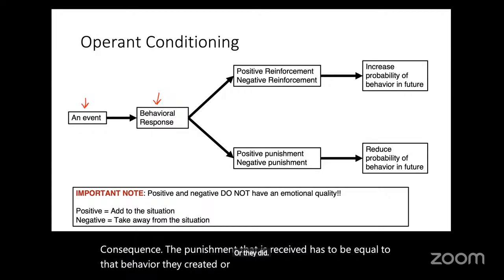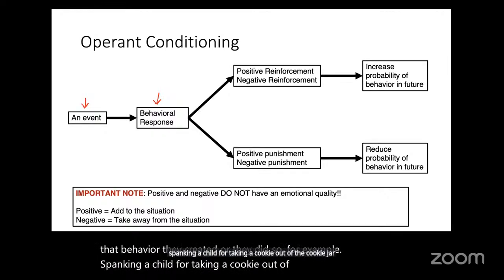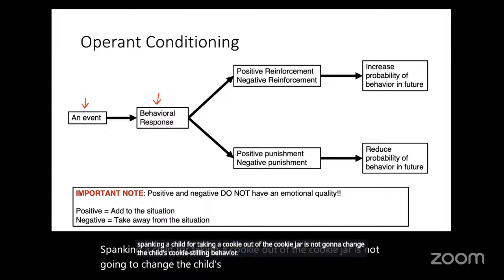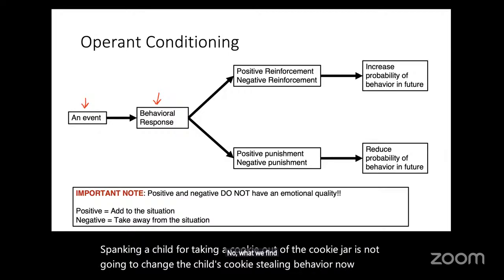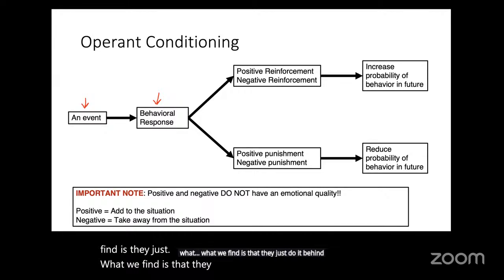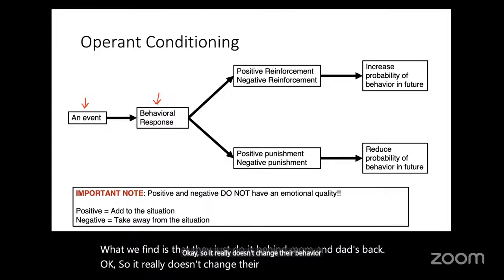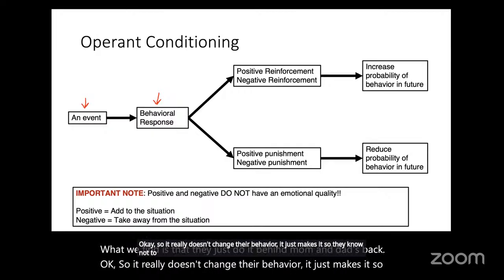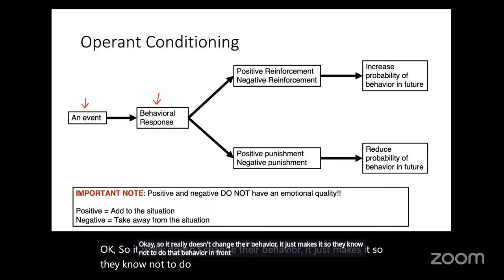So, for example, spanking a child for taking a cookie out of the cookie jar is not going to change the child's cookie stealing behavior. No, what we find is that they just do it behind mom and dad's back. Okay. So it really doesn't change their behavior. It just makes it so they know not to do that behavior in front of mom or dad.